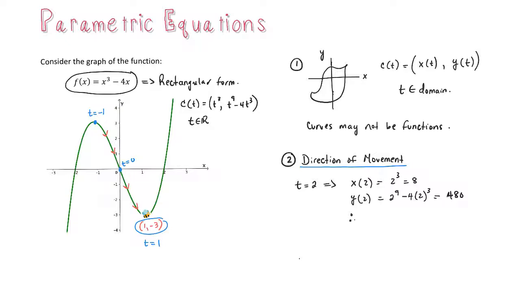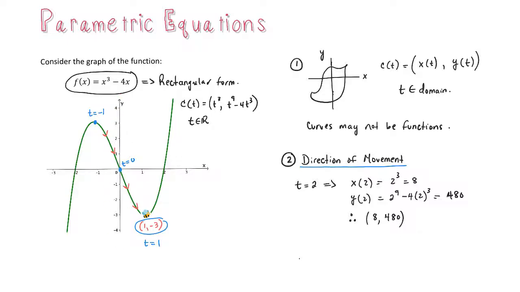So then that means that the location of the bug will now be at the point (8, 480). Now again, here in this diagram, I only go up to 4.